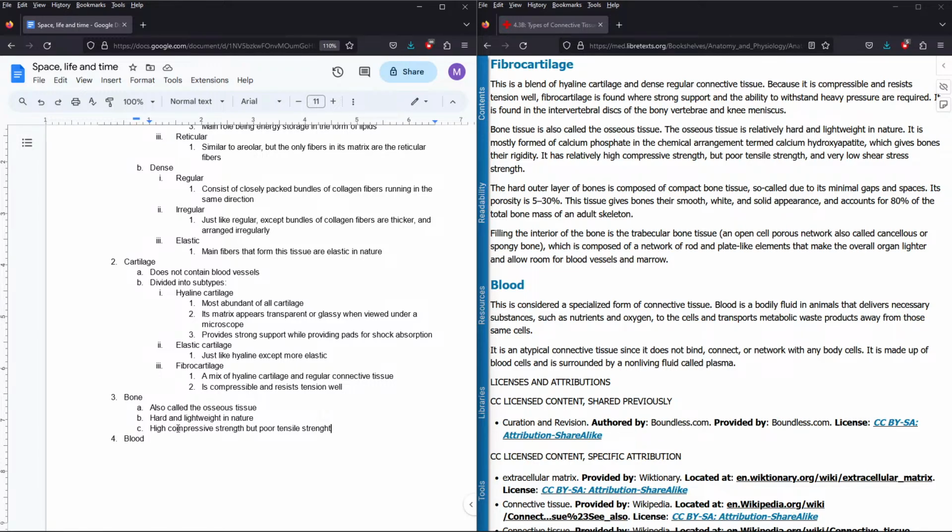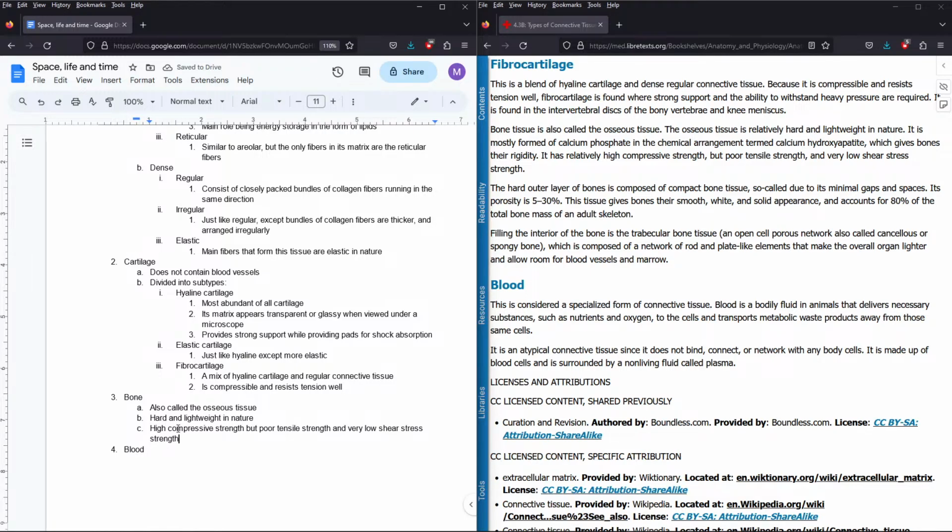Relatively gives words no meaning. That's why I use it for comedic reasons. Very low shear stress strength. For example, I'm relatively great at medicine. Relatively.